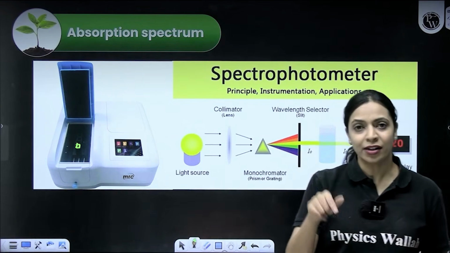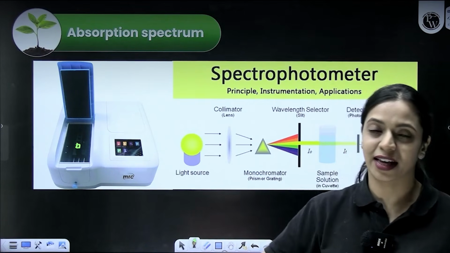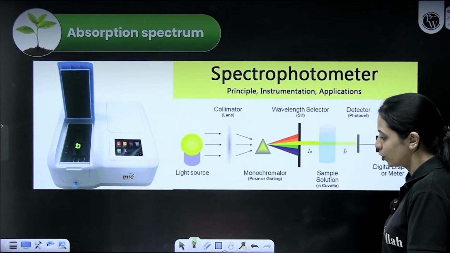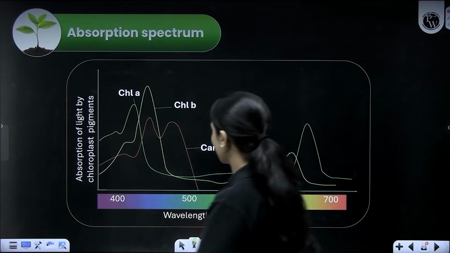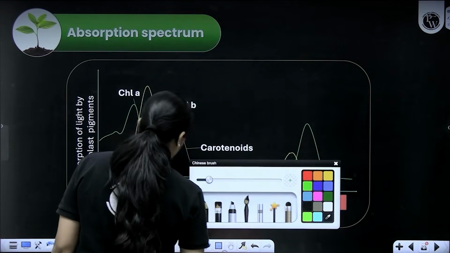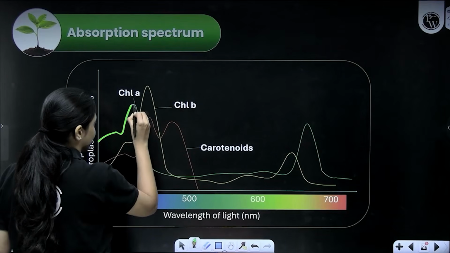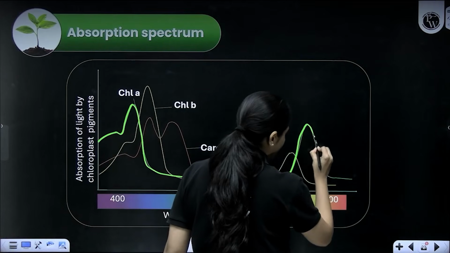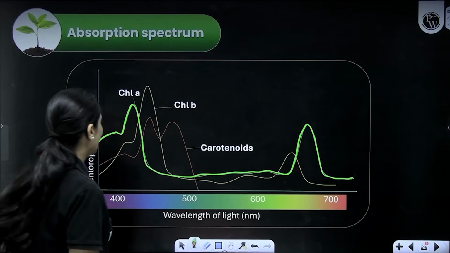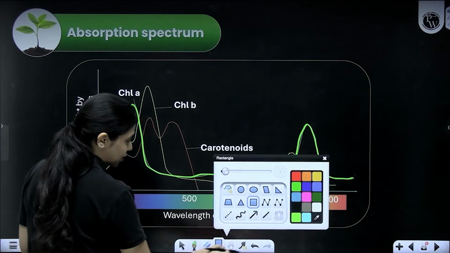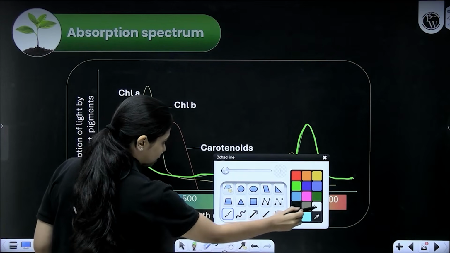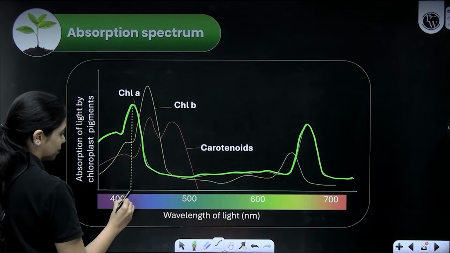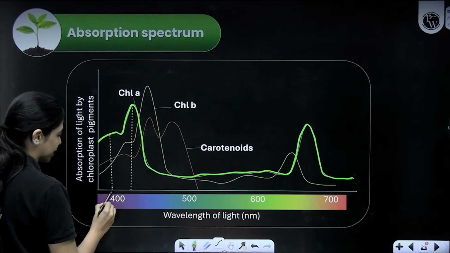is possible. And you will plot it on a graph where you have wavelength on the x-axis and absorbance value on the y-axis. So this is the graph that we got for chlorophyll A. You can see how at 400, here's how much it has absorbed.